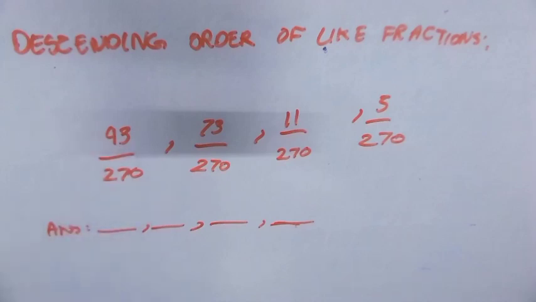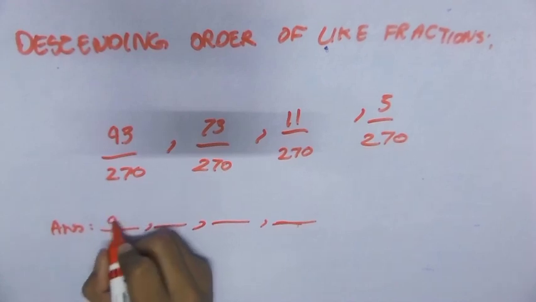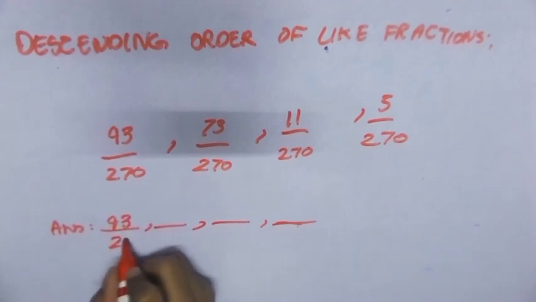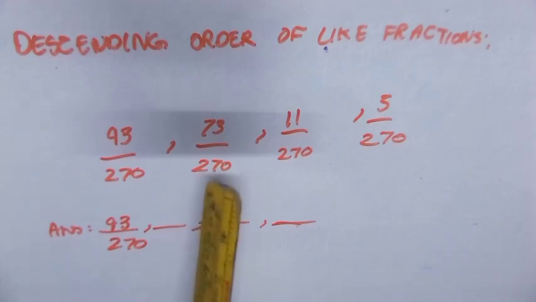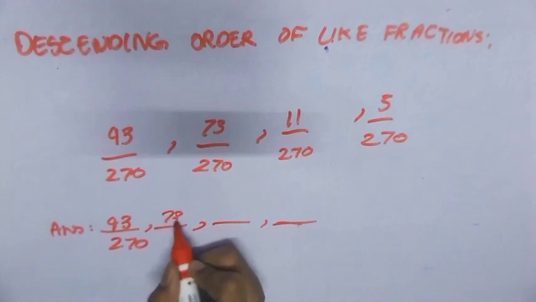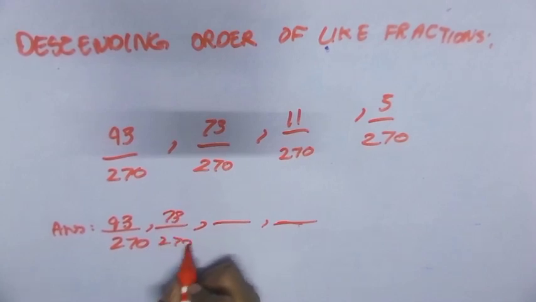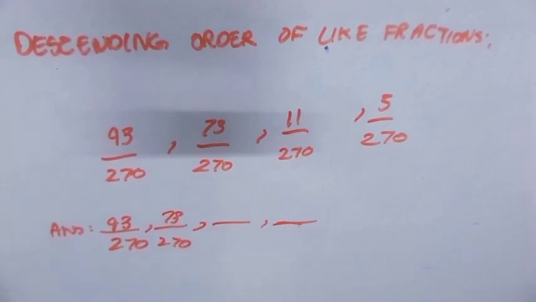So 93 by 270 will be the greatest fraction, which will be written at the starting. So the second greatest fraction is the one with the numerator 73. So 73 by 270 is the second greatest fraction and is to be written at the second fractional line.